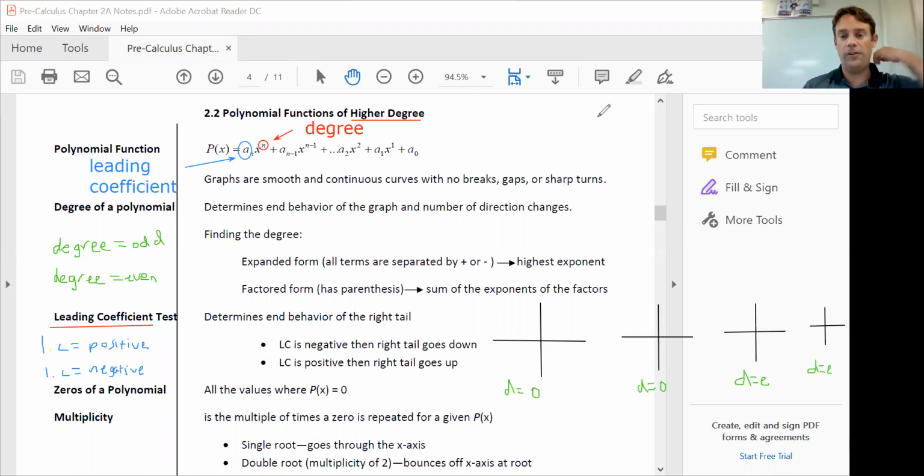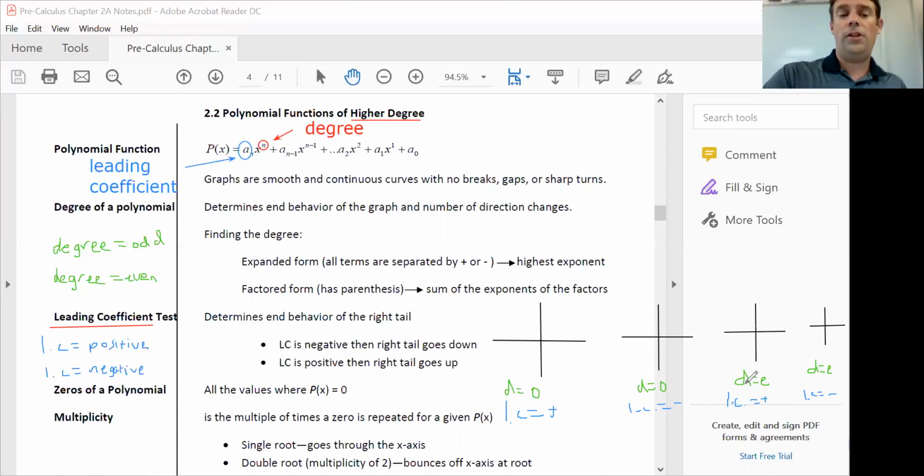Our leading coefficient can either be positive or negative.